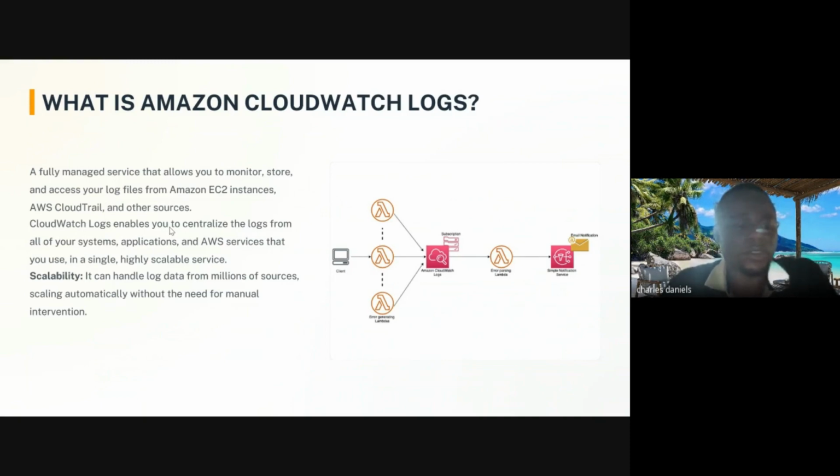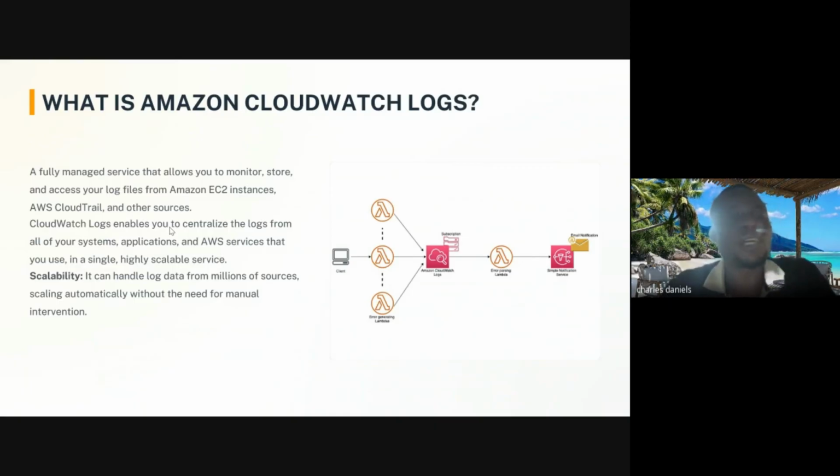What it does is help provide centralized logging, monitoring, and analysis of log data from our EC2, Lambda, and applications, as far as the application is running in the cloud. So Amazon CloudWatch Logs helps to provide all those three services: as I mentioned, centralized logging, monitoring, and analysis.